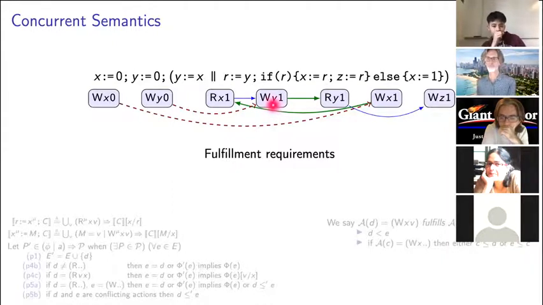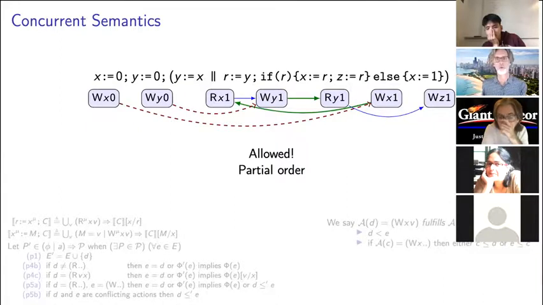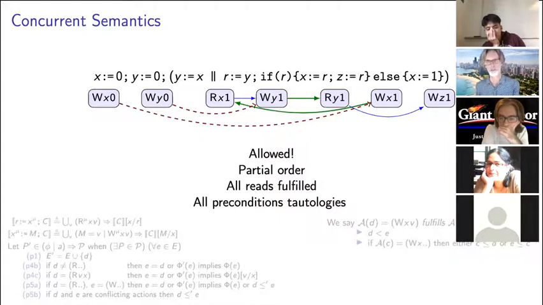With all of this in place, we're done. We have completed all of the requirements, and this tells us that this execution is allowed. All right. Why? Because it's a partial order, it's fulfilled all the reads, and all the preconditions are tautologies. Okay, so nothing is dependent on any variable.